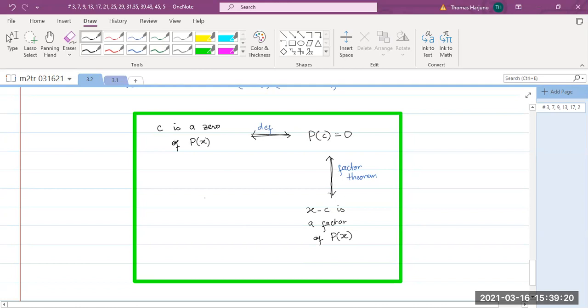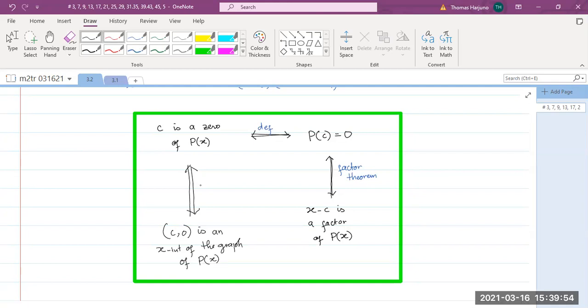We know that if C is a real number, then (C, 0) is an x-intercept of the graph of P(x).